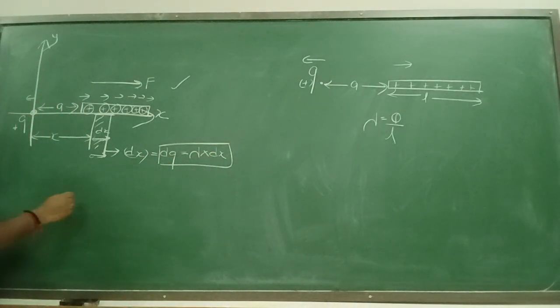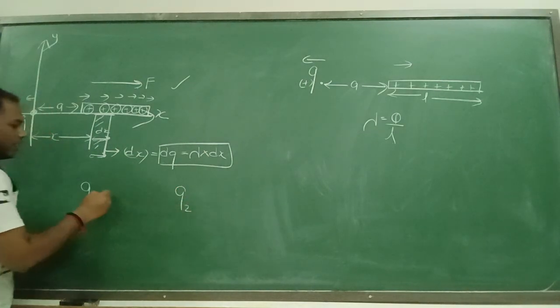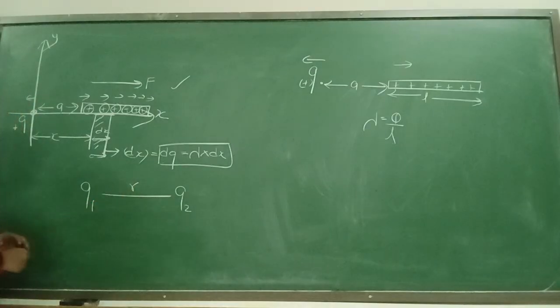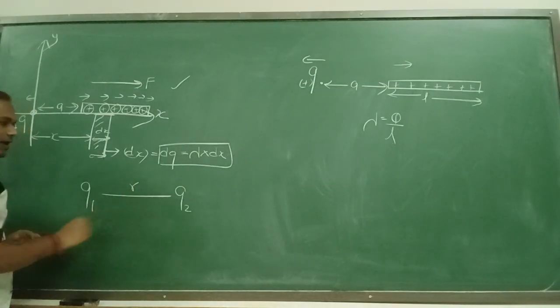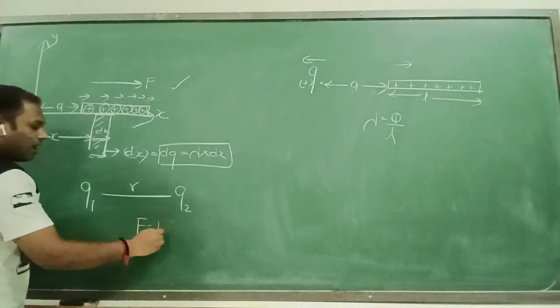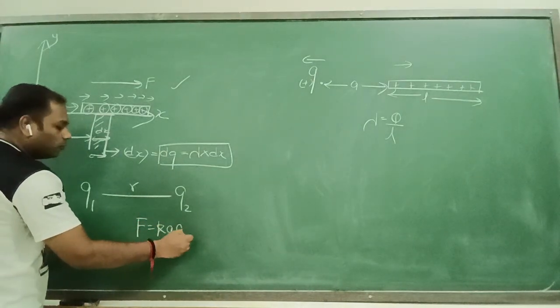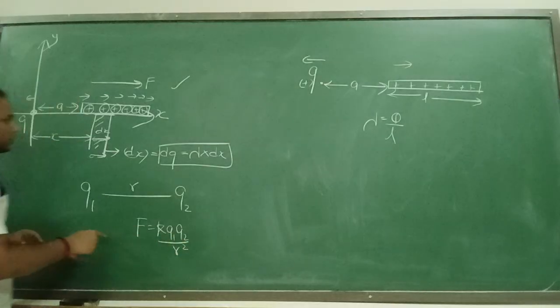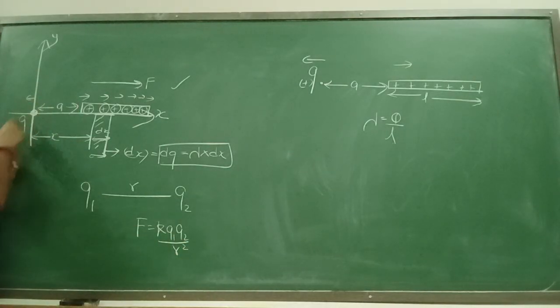Now we know from Coulomb's law, if two charges are present and they are separated by a distance r, the force of repulsion or attraction, which is called Coulomb force, present between these charges is F equal to k Q1 Q2 by r square. Similarly, we have this point charge here, and the dx length we can consider this portion as a point charge also.